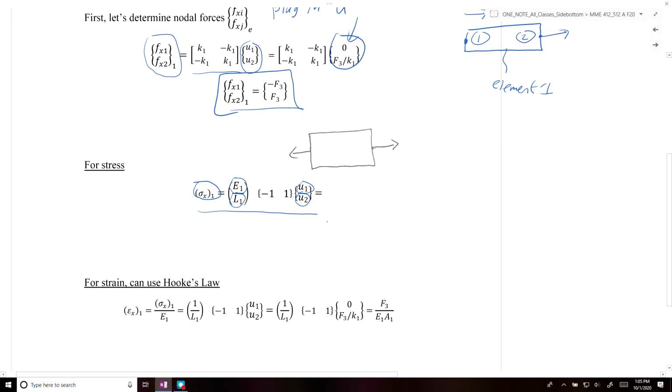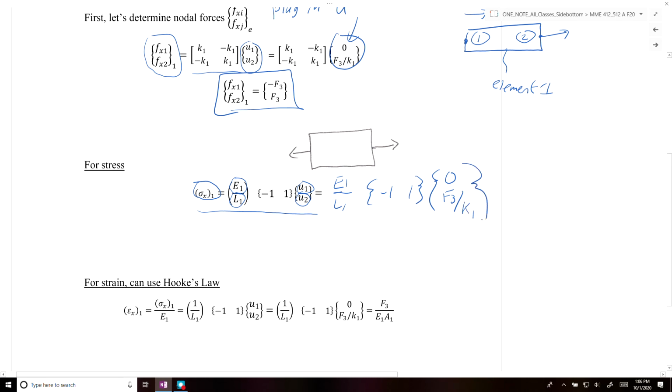All right, so we're just going to plug in the values for U1 and U2. U1 is equal to 0 because it was fixed, and U2 was equal to F3 over K1.